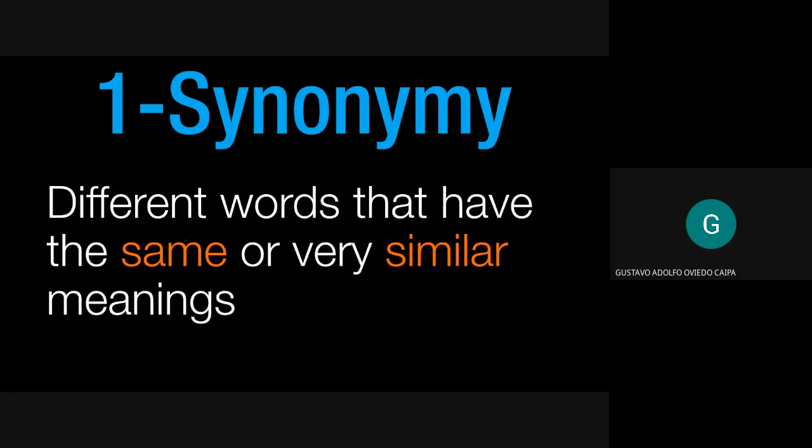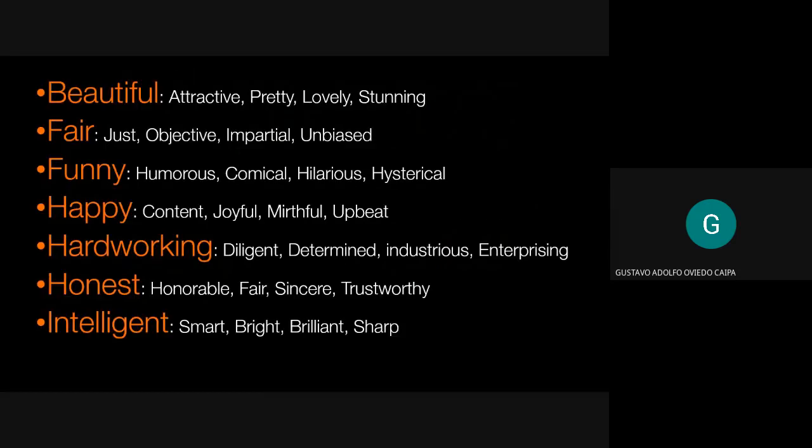It's something that a lot of people, at least people who have been to school, are normally familiar with, or people in regular environments, even if they're not academic, can sort of understand that some words can be used in similar situations, or that they have meanings that are very much similar. For example, for the word beautiful, we can say that attractive, pretty, lovely, stunning are somewhat synonyms.